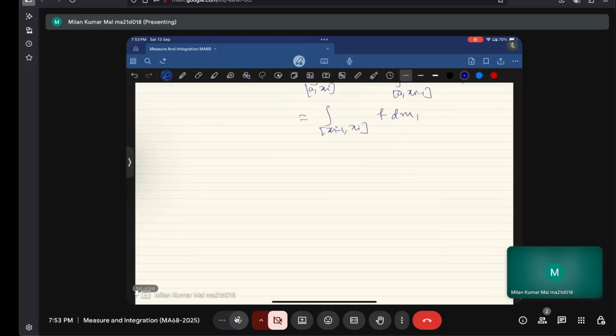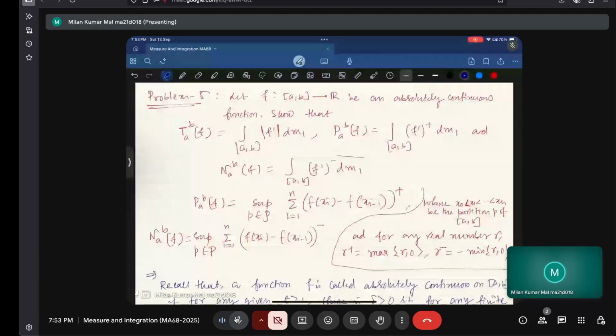Now for the next part. What the next part says, we'll be using similarly. The other part says that P AB F is equal to integration of f dash plus dm1. This is what I have to prove.